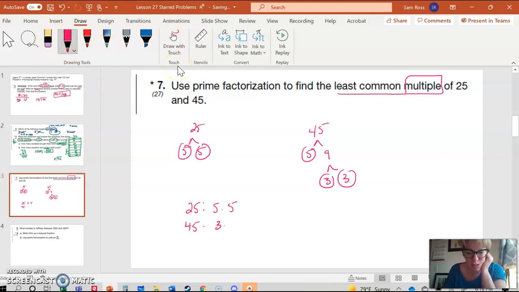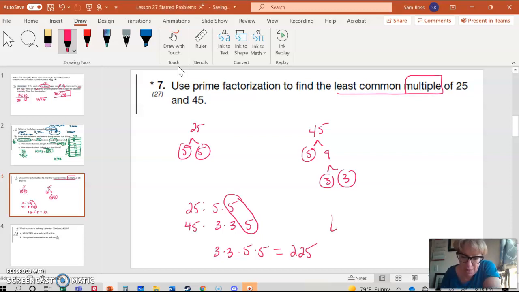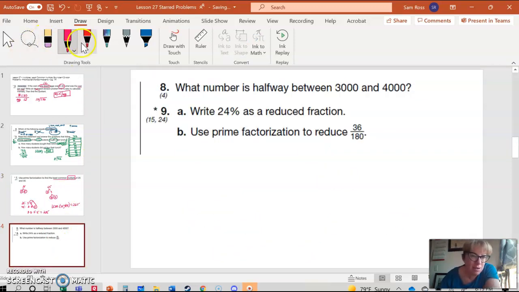So let's start 3 times 3 times 5. This is the same. So I have 3 times 3 times 5 times 5. I only count that once since they have that in common. 3 times 3 is 9, times 5 is 45. 45 times 5 goes in the calculator, and I get 225 as their least common multiple. LCM of 25 and 45. Yeah. There we go. Alright.